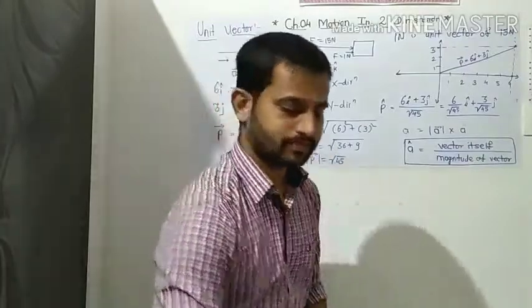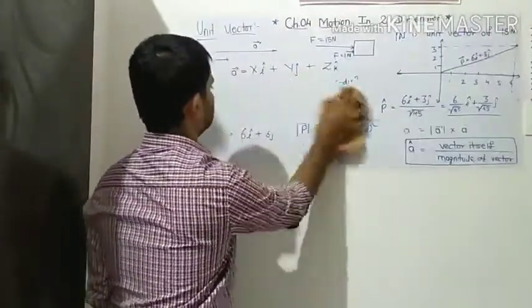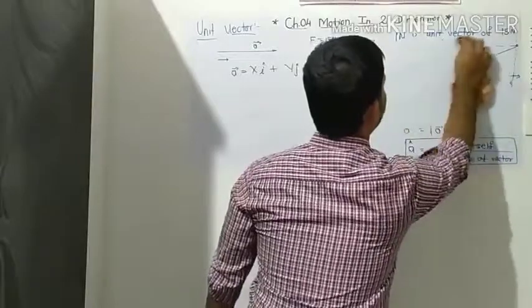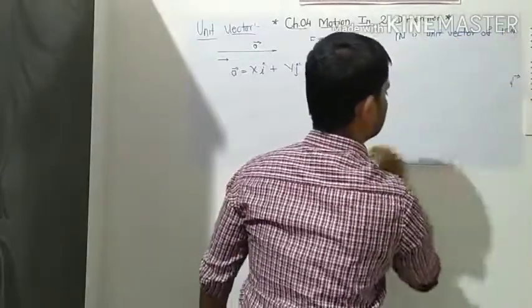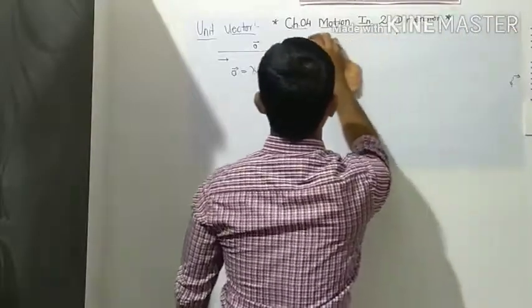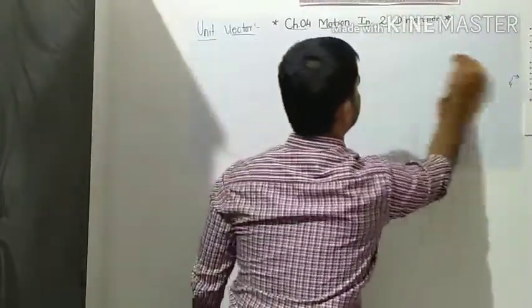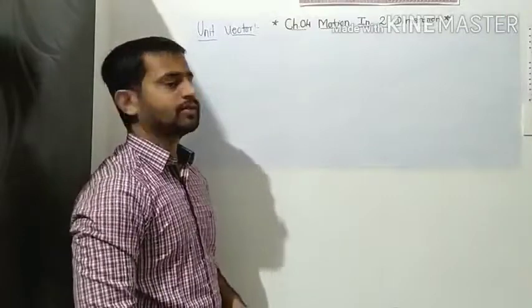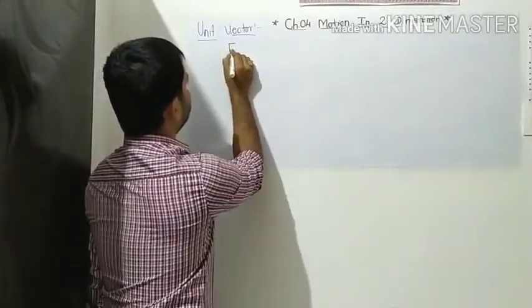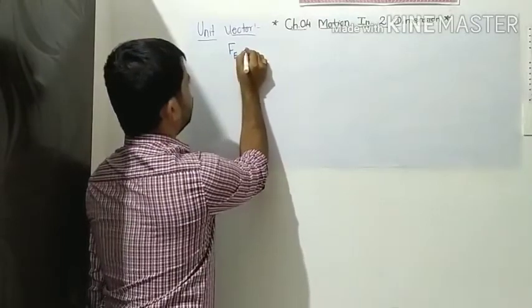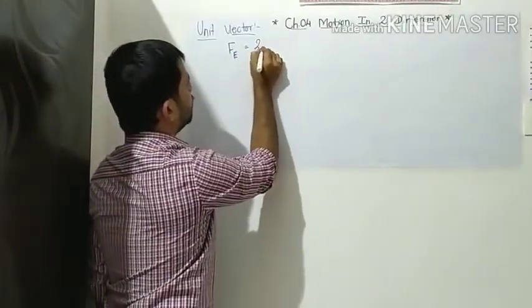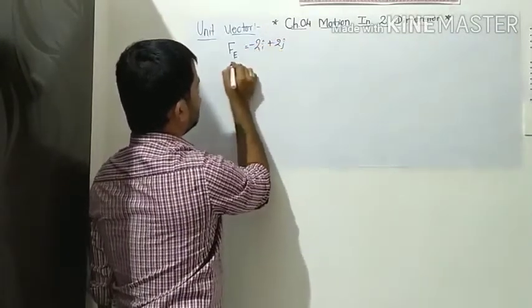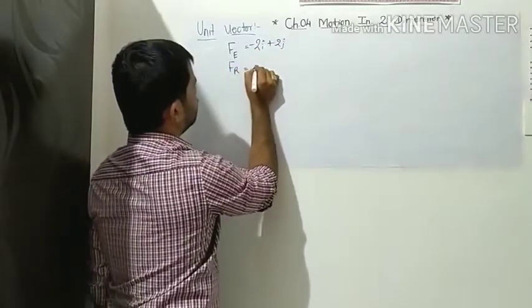Okay, so if we draw this, suppose we have the force due to the engine, it is minus 2i plus 2j, and the force due to the river is 2i.